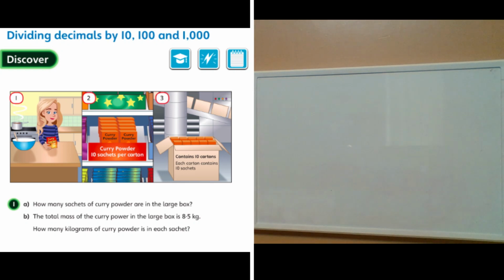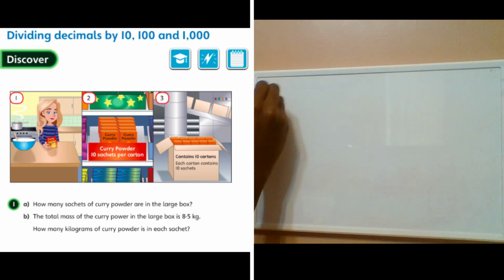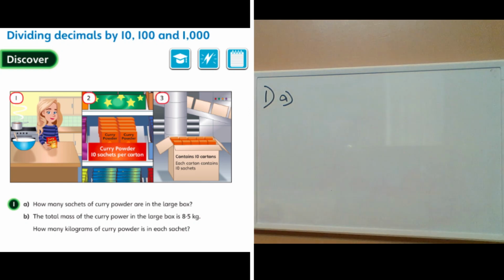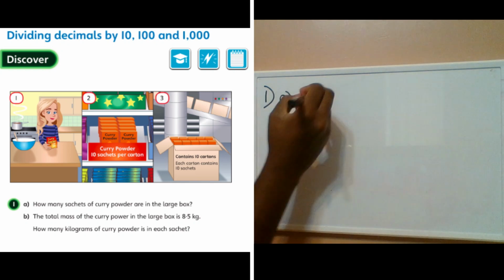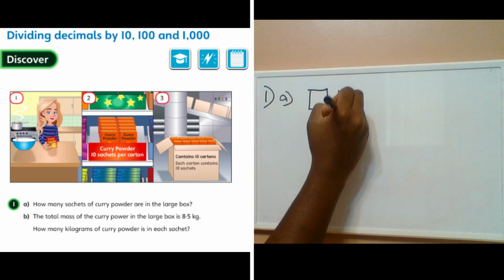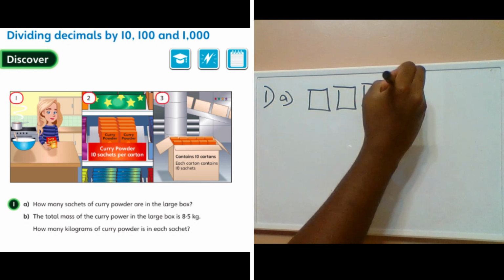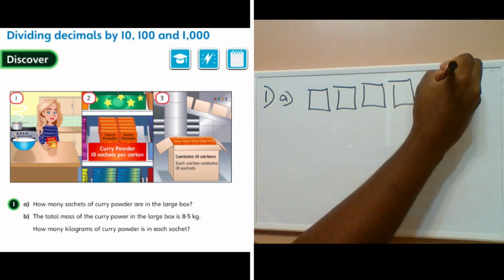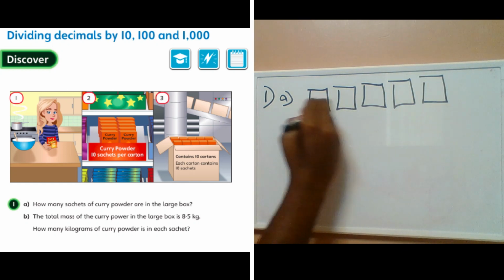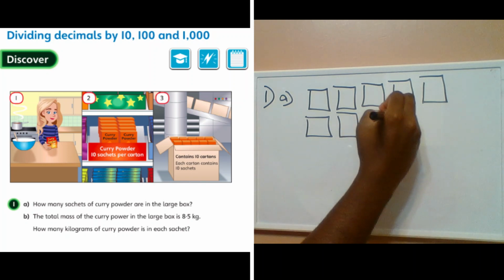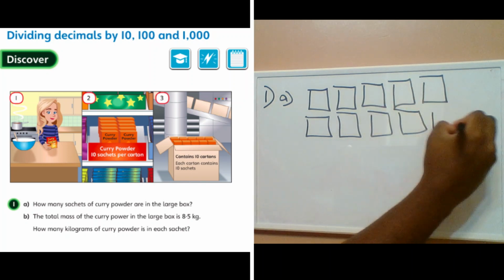Alright, with all that information in mind, let's start 1A. It says there, how many sachets of curry powder are in the large box? Well, that's easy. We kind of worked it out already. Because notice, there's 10 cartons inside the box. 1, 2, 3, 4, 5, 6, 7, 8, 9, 10.